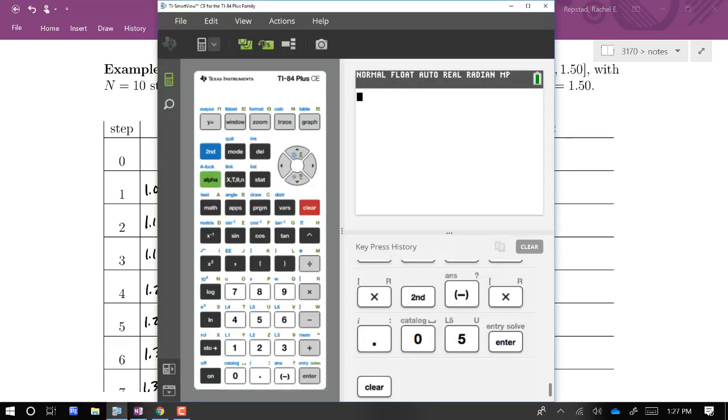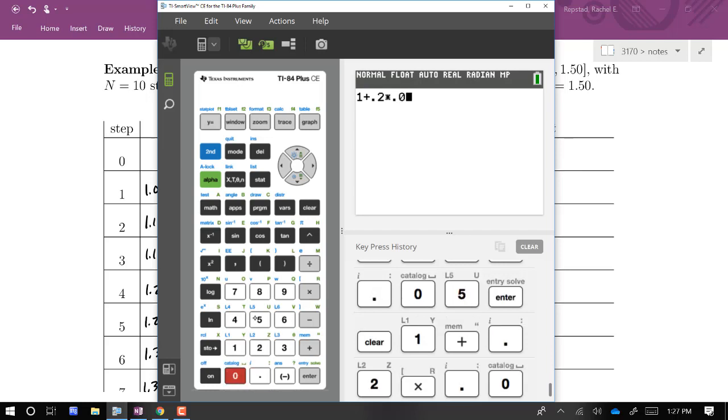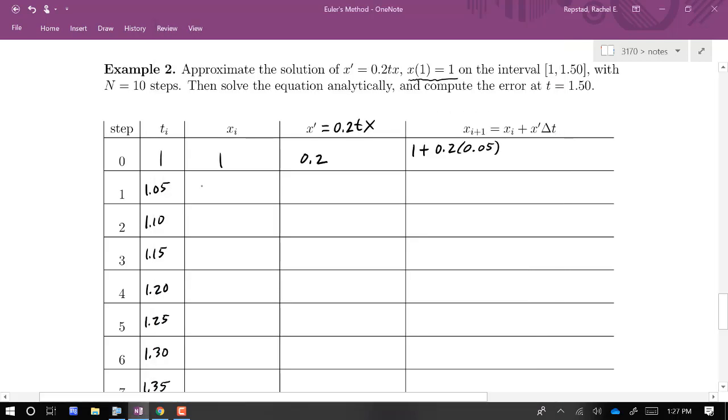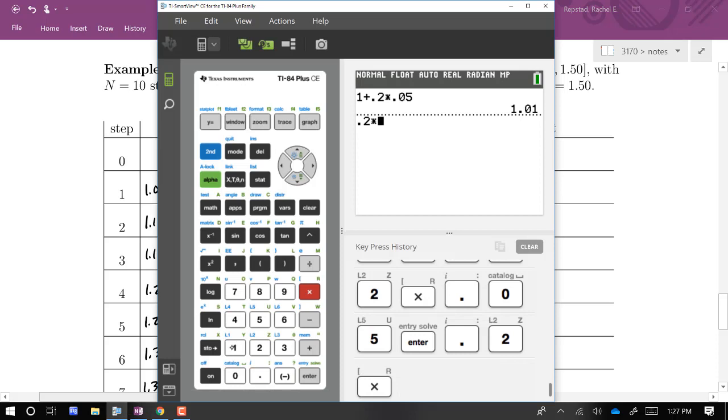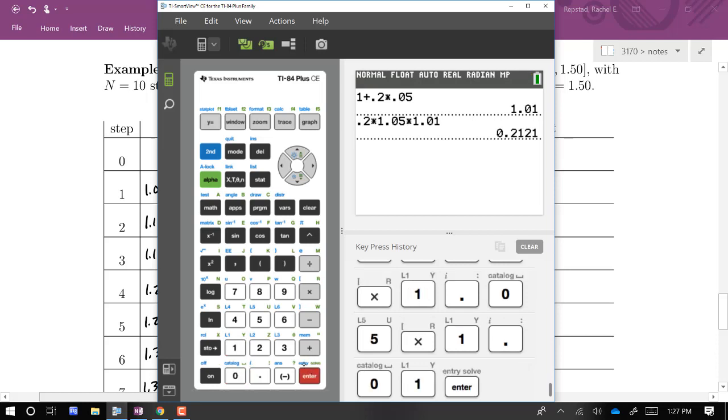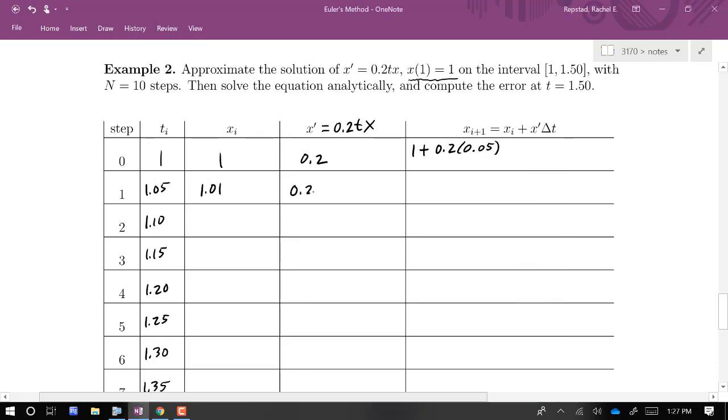And that gives us 1.01. And then again, 0.2 times tx, so 0.2 times 1.05 times 1.01 is 0.2121.